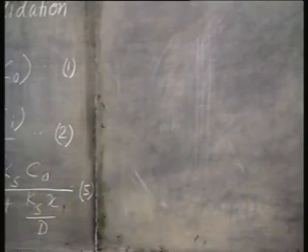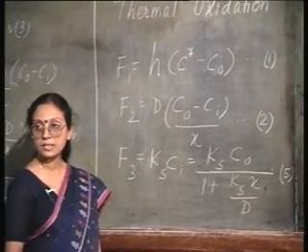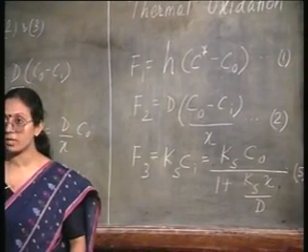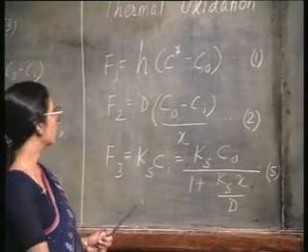Now, see, if I equate F1 and F3, because under steady state condition, as I have told you, all the 3 fluxes are equal. So, now if I equate F1 with F3, what do I get?